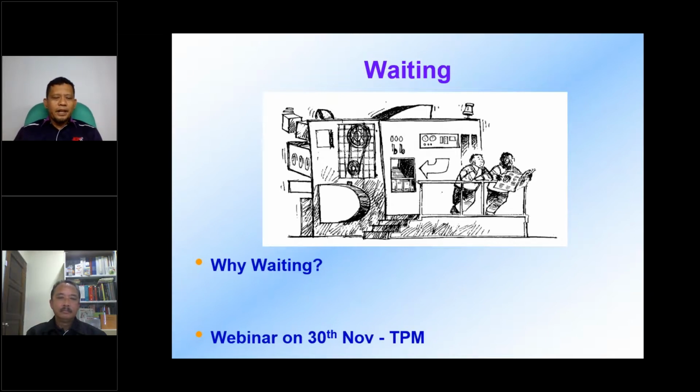And of course, another reason for waiting is machine down. Machine down is one, which we're going to discuss in PM. And then we have the problem of no order as well. When there is no order, so no work, and then we have a waiting issue, right?